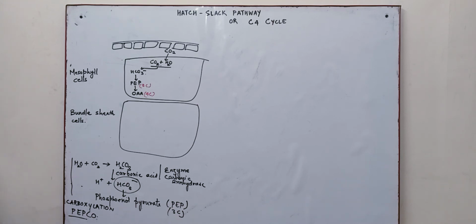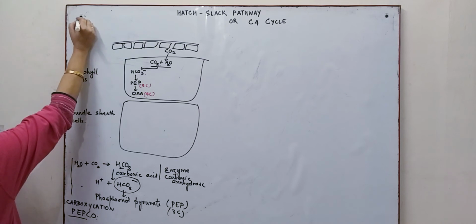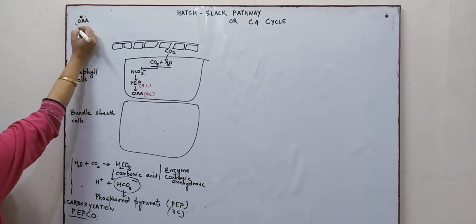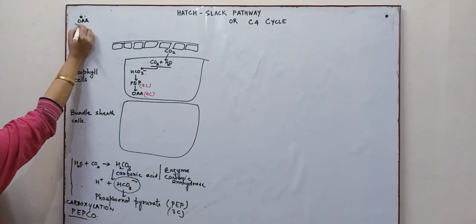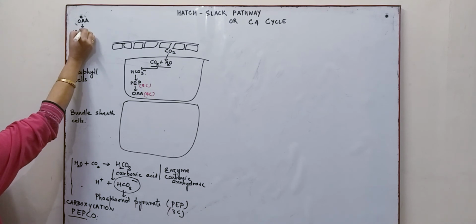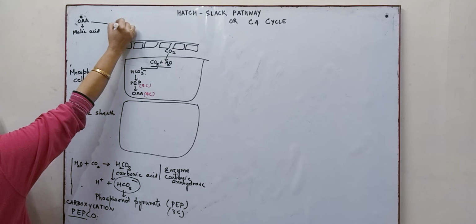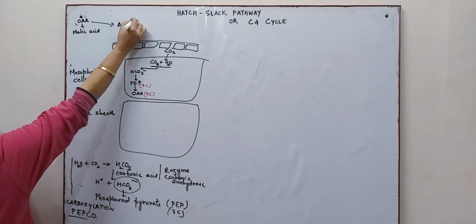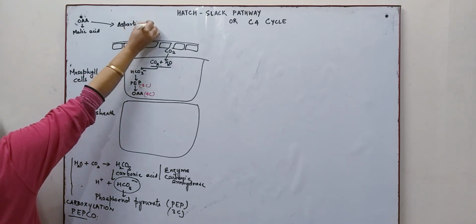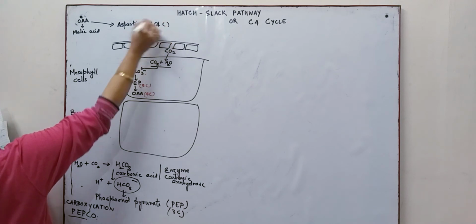Now after this the oxaloacetic acid changes either into malic acid, which is again a 4-carbon atom compound, or it can also change into aspartic acid, which is also a 4-carbon atom compound.